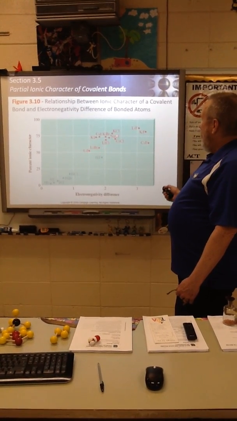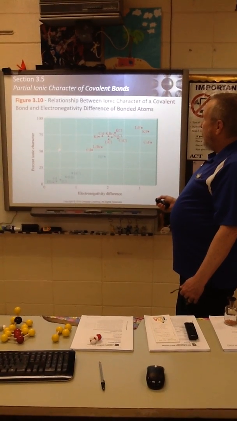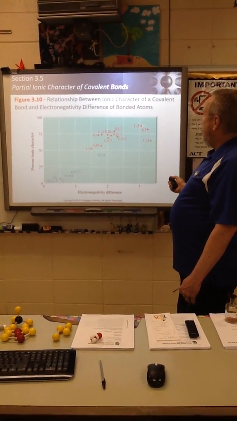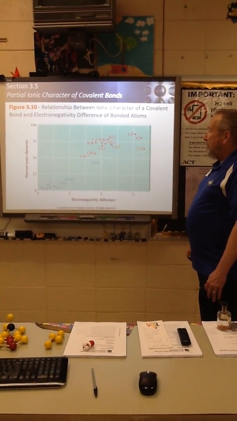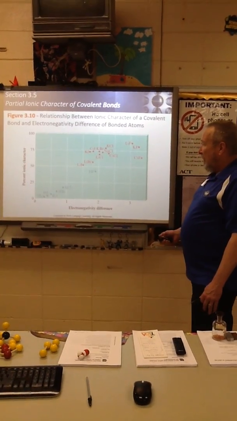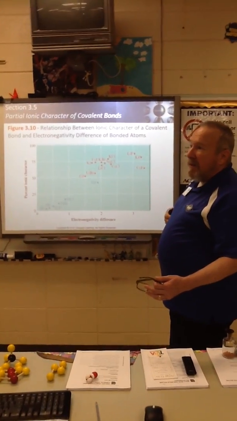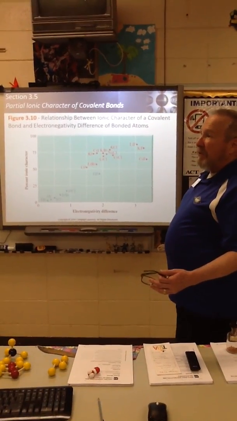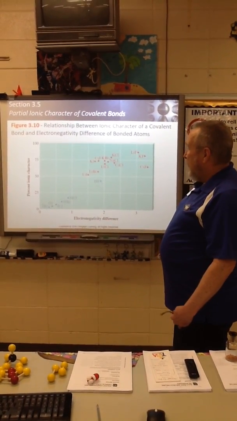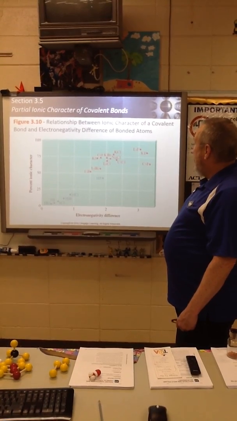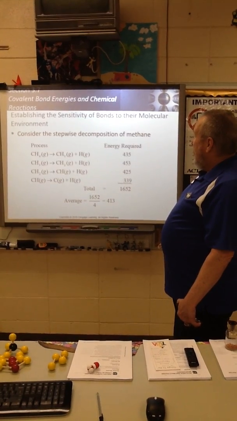You see that they have a percent ionic character ranging from 50% up to maybe 85%. Nobody's 100% pure ionic. But if you're a compound like O2 or H2, where we have two identical atoms coming together, then there is no polarity in the bond. You are purely covalent.